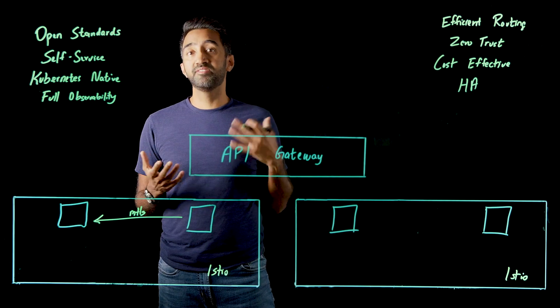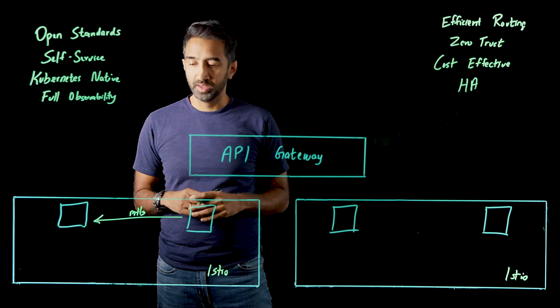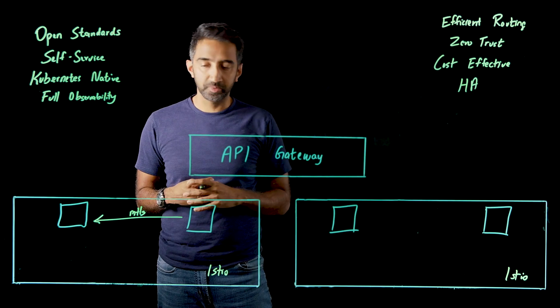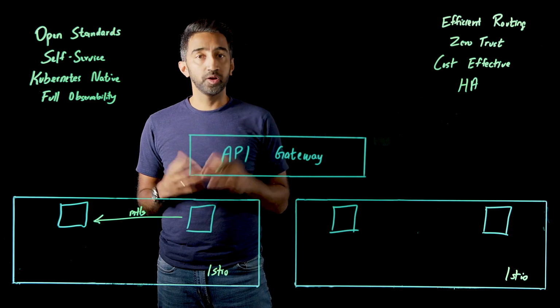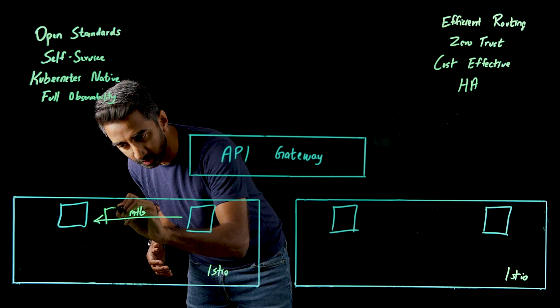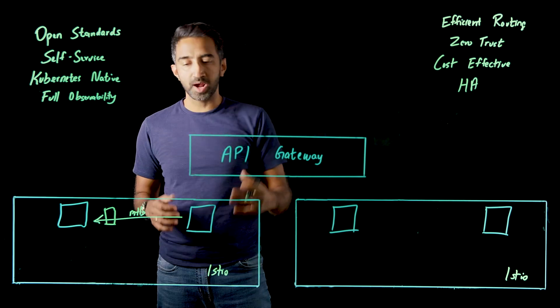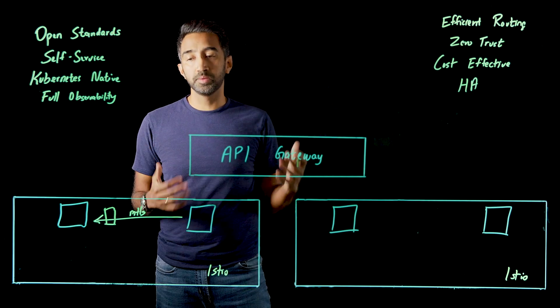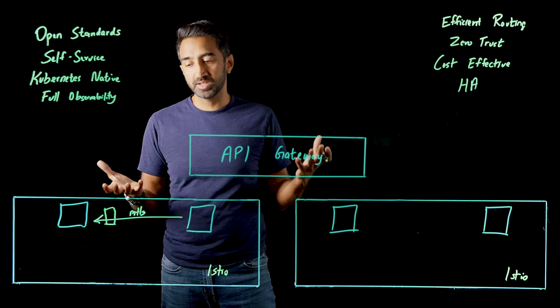If you need advanced API gateway functionality, if you need to do things like authentication with an external auth provider or rate limiting or anything like that, then you could deploy what's called a waypoint. A waypoint is a transparent proxy that Istio will deploy and manage for you. And now that gives you the ability to deploy more advanced policies.